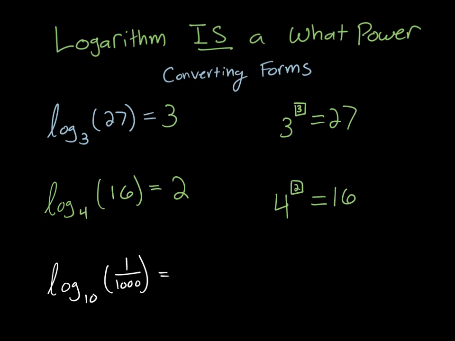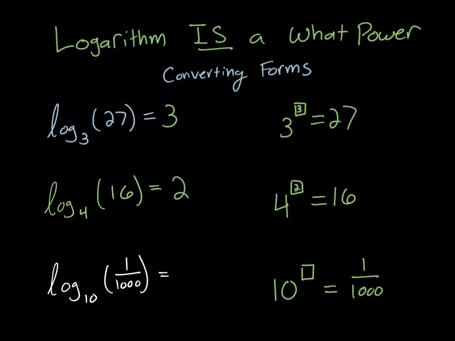This last one's a little bit more tricky. It's log base 10 of 1/1000th. So it's 10 to the what power is 1 over 1,000? In class we've talked about how, if I want to make a number into a denominator, the exponent has to be a negative number.